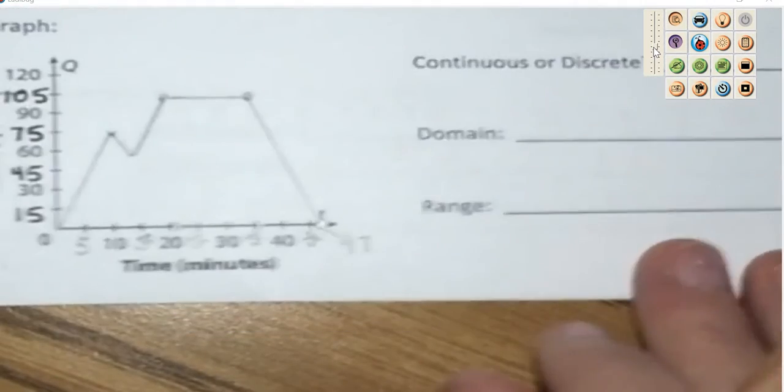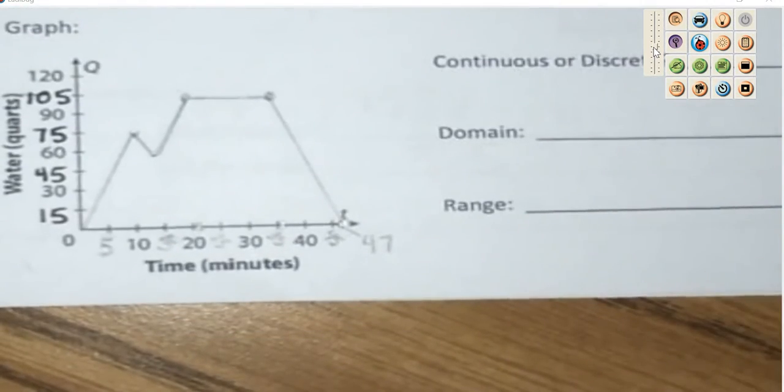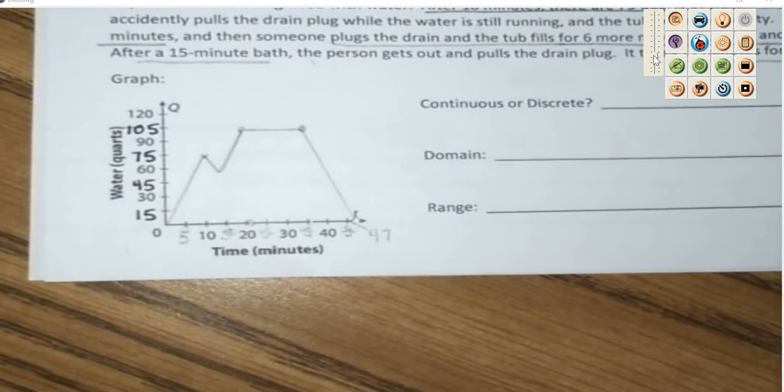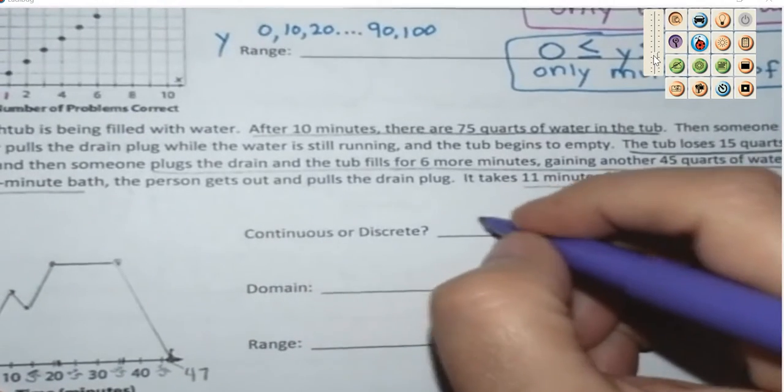It's going to go all the way down to the x-axis. Grab your straight edge, connect that, because it's draining at a constant rate. Okay, this type of graph, we connected the dots, so it's called continuous.